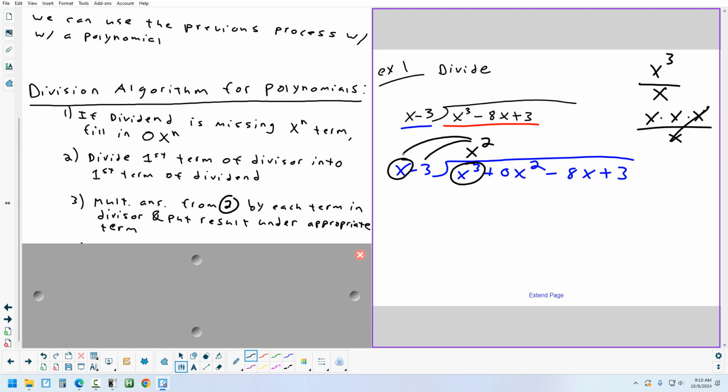Exponents of 2, that's the second column. Okay, so let's multiply that out. What's x squared times x? X cubed. That's x cubed. And what's x squared times negative 3? Negative 3x squared. Yep. And that's why we needed a column for x squareds, because we wouldn't have had a place to put that. So that's step 3. Distribute that answer back out and put it in the appropriate column.